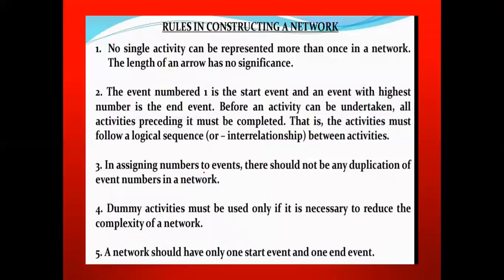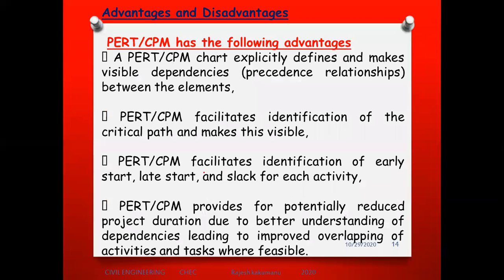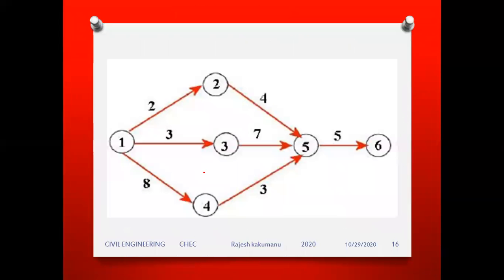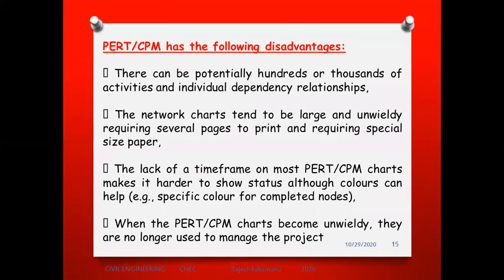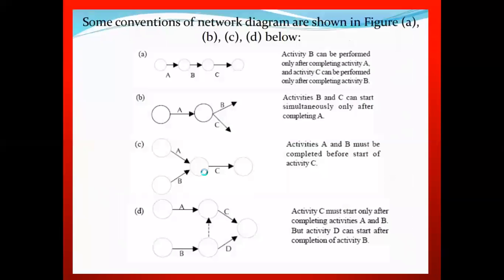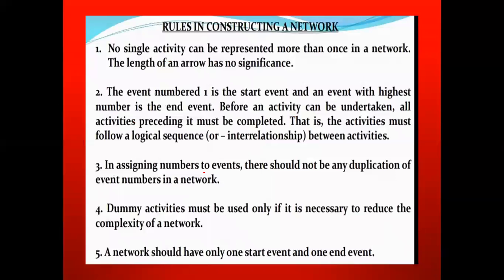Next, what are the rules in constructing a network, right? No single activity can be represented more than once in a network. The length of the arrow has no significance.